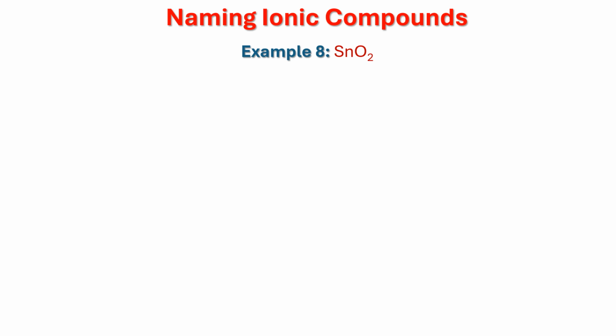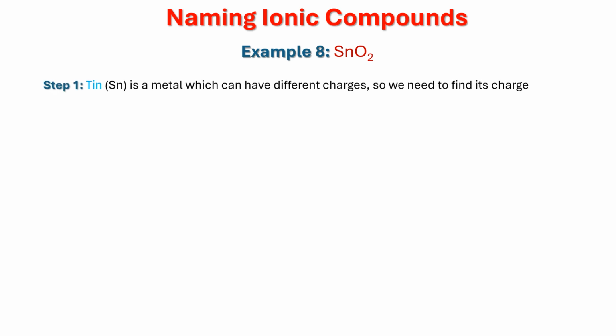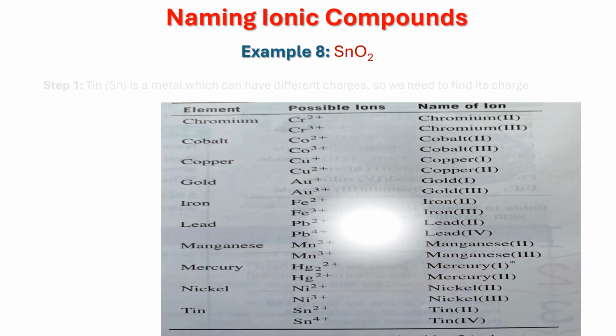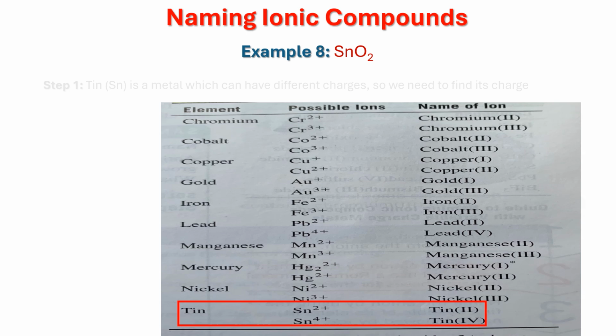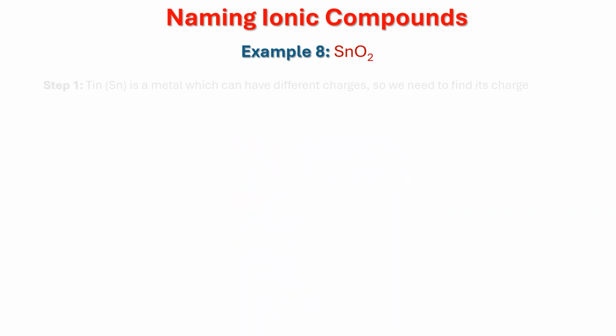Next example, we have SnO2. Sn, that's tin. So tin is a metal which can have multiple charges. So we need to look it up. Tin could have a positive 2 charge or a positive 4 charge. So we need to find out which charge we are dealing with in this example. X is the unknown, that's for tin, and oxygen would have a negative 2 charge because it's in group 6A.